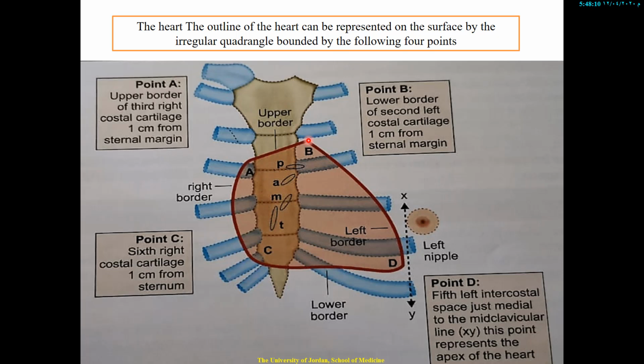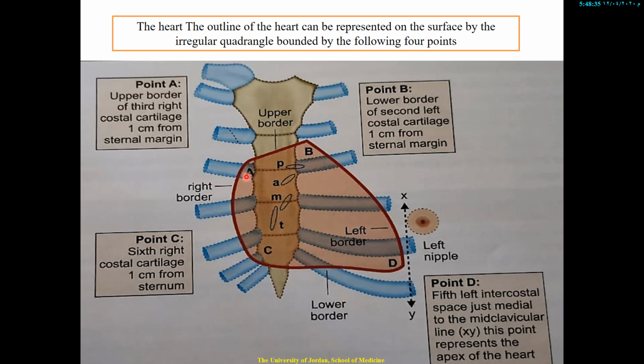So in different textbooks you may find them referring to this point as A and this point as B. It doesn't matter as far as we can draw a line between them that would give us an idea where the superior border of the heart is.